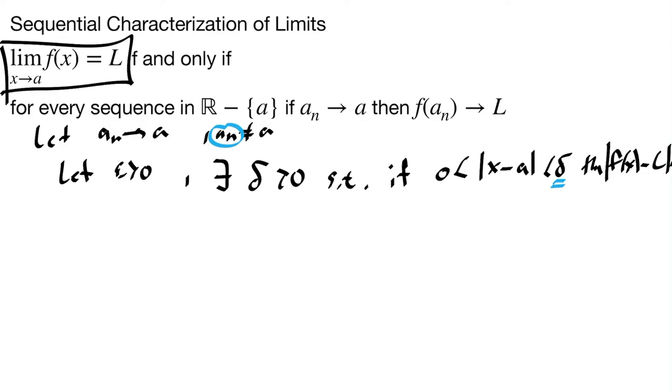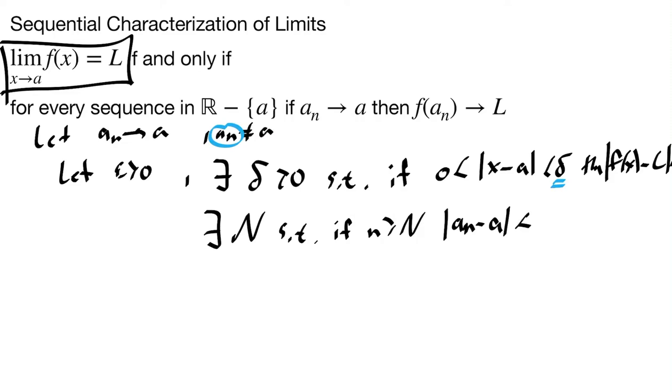So I'm going to write my second sequence. Because a_n approaches a, I know that there exists a capital N, let's write it over here, such that if n is greater than capital N, |a_n − a| < delta. But now you see it's all coming together.